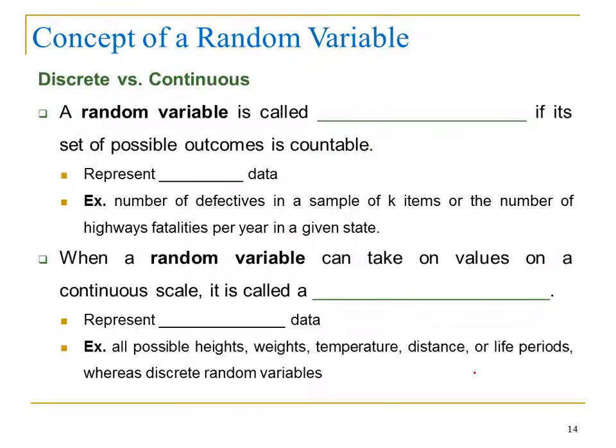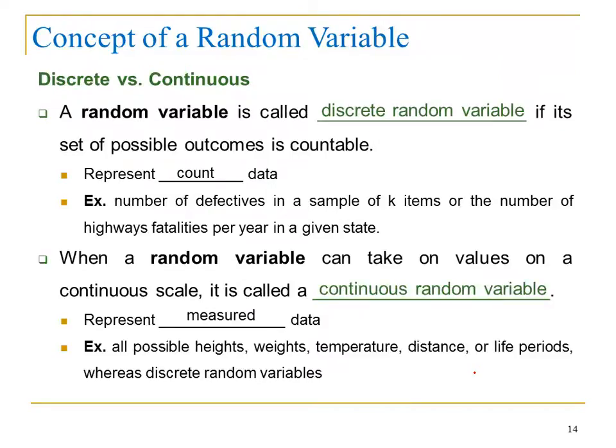Now, let's go into more detail. A random variable is called a discrete random variable if its set of possible outcomes is countable. So you can count the number of outcomes. It represents count data, so the number of defectives in a sample of X number of items, or the number of highway fatalities in 1 year. That's another example. Now, when a random variable can take on values on a continuous scale, it's called a continuous random variable.